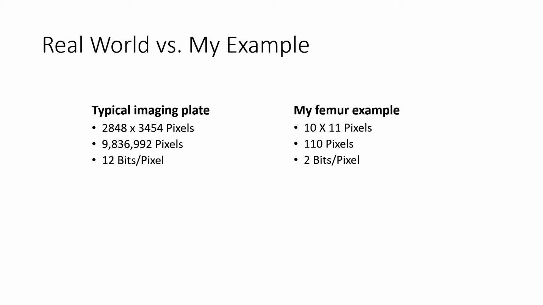To keep things simple, our example plate will display 2 bits per pixel. Doing the math, 12 bits per pixel translates to 2 to the 12th power, or 4,096 radiation levels that can be recorded. Our example plate can only record 4 radiation levels, just enough to aid our explanation.